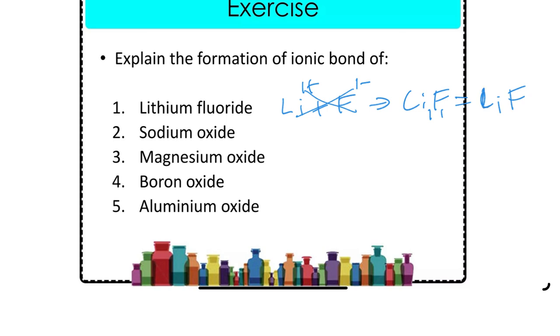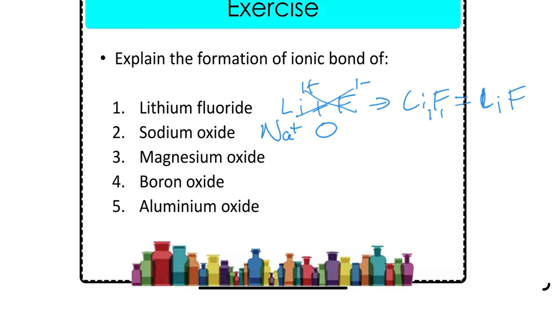Sodium oxide. Sodium is in family 1. Oxygen is in family 6. So, family 6, you got 6 electrons in your outer shell. You need 2 more to get 8.